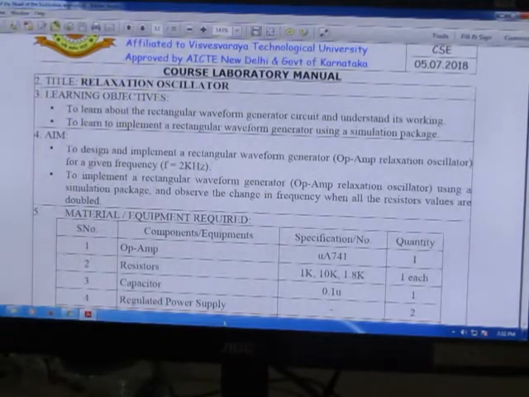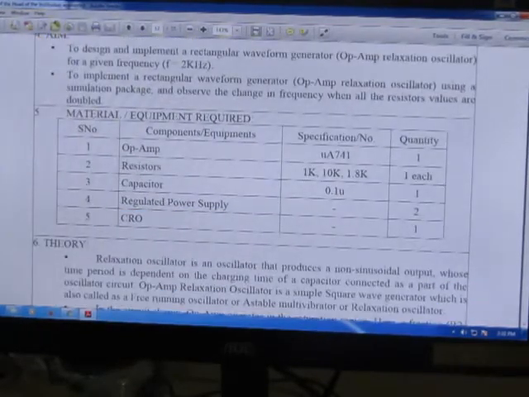Right, so you can see some aims that we have mentioned in the PPT. That is to design and implement a rectangular waveform generator using the Micro A741 op-amp for a frequency of 2 kHz. And you can see that these are the materials or components required to conduct this experiment.